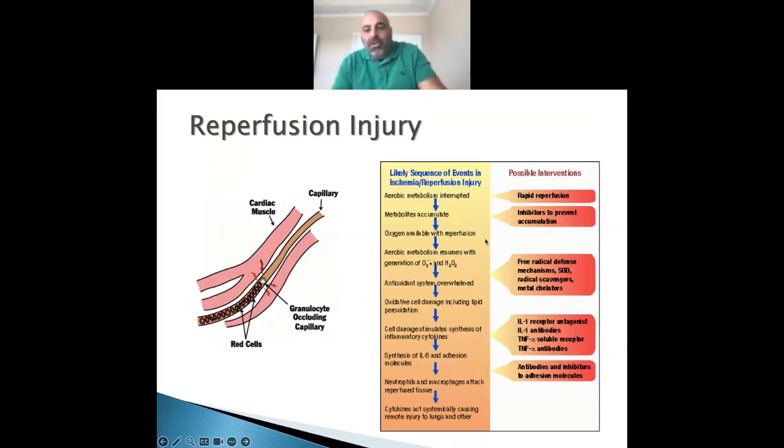So reperfusion injury, it's basically the same concept here. You have no oxygen, so in itself it's already causing hypoxic injury. And then while that fluid is sitting, we see an accumulation of free radicals, and then it comes through, and the free radicals oxidize the tissue, damage the tissue as they're passing through or entering the cells after reperfusion.